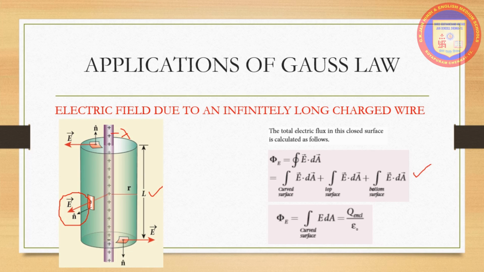For the top and the bottom surface, E vector is perpendicular to dA vector and E vector dot dA vector is equal to 0. Substituting the values, we get phi E is equal to closed integral of E dA, which is equal to Q enclosed divided by epsilon naught.